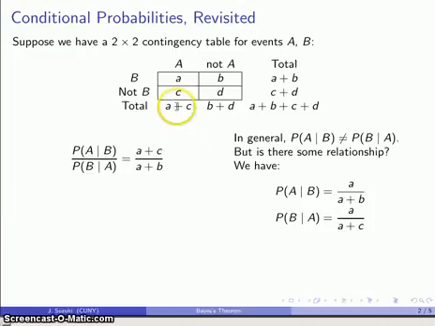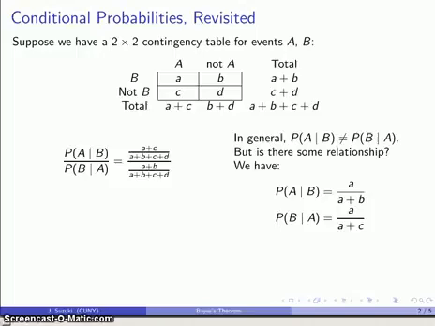So let's take a look at this. This A plus C, that is the number of times that A occurred out of a total of A plus B plus C plus D times. Likewise, this A plus B, that's the number of times that B occurred out of a total possibility of, again, A plus B plus C plus D. So I can divide both by that amount, and I can recover two probabilities.